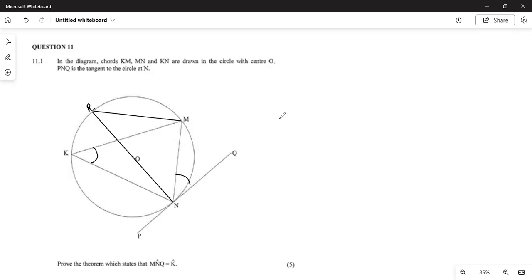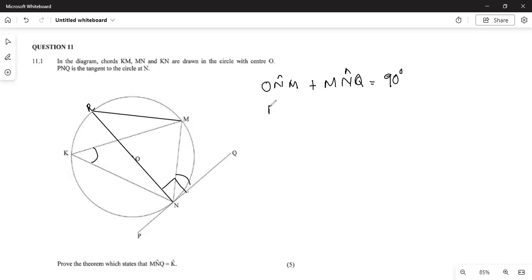Because the diameter RN has a tangent PQ, we know that the diameter should be perpendicular to the tangent. So we can say that angle OMN plus angle NMQ must give us 90 degrees.